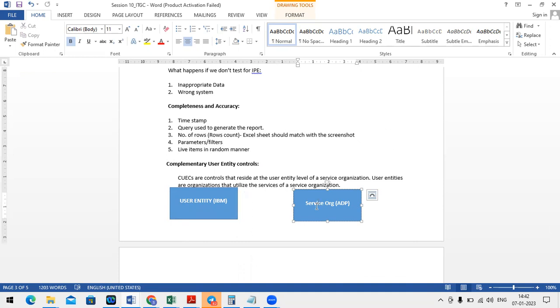What is that information? Employee ID, employee name, employee PF number, employee UAN number, designation, then the salary structure, all this information IBM has to provide to ADP. Then only they can process the payroll. So whatever dependency ADP has on IBM in getting the required information is called complementary user entity controls.